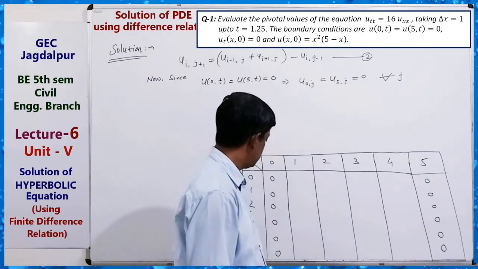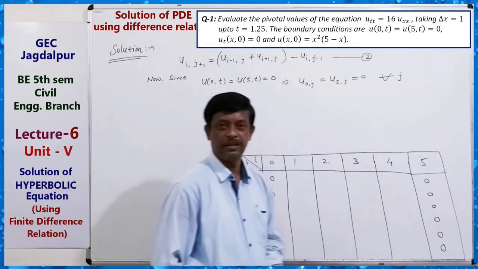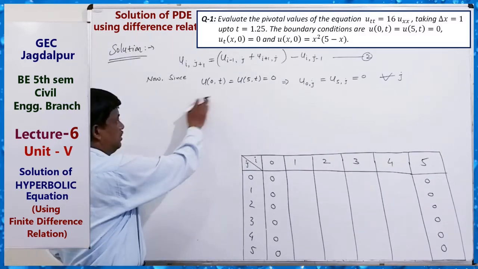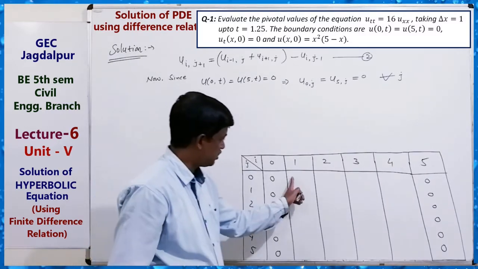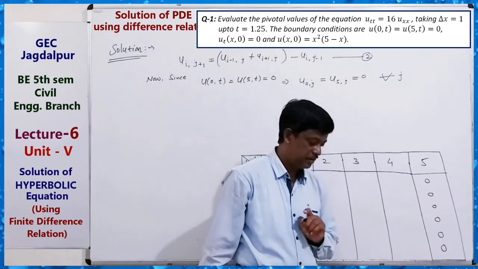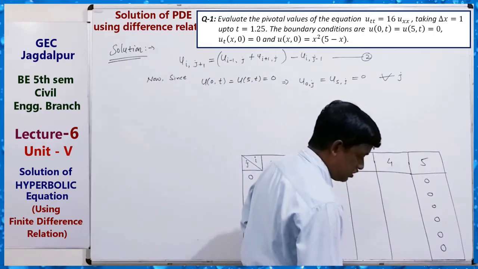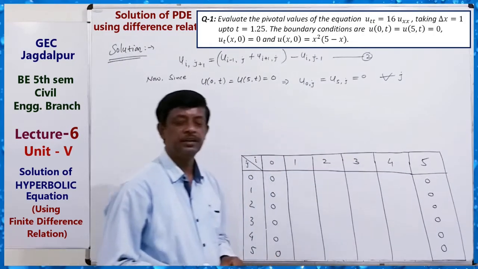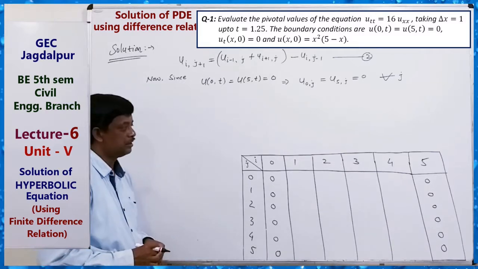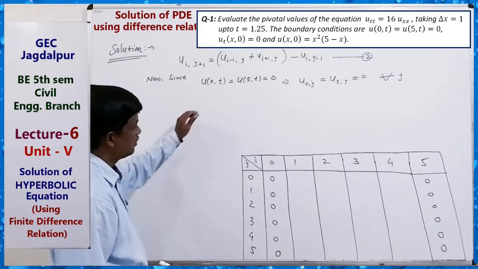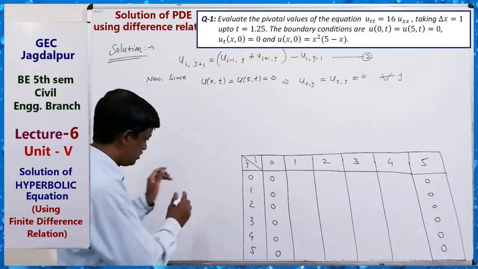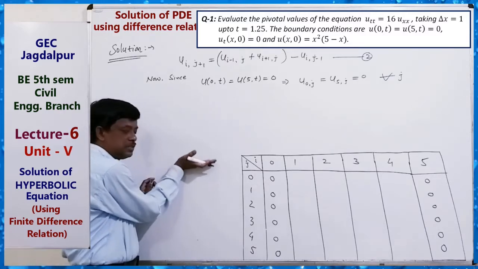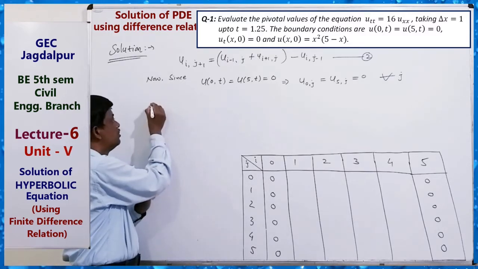This is the boundary. Clear? Now for the first row elements, we have to use the initial condition.